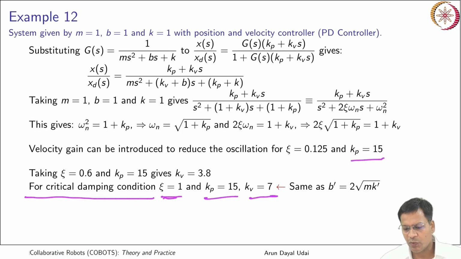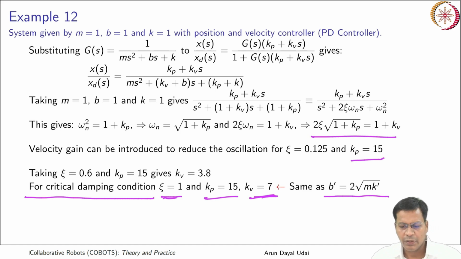This time I got kv is equal to 7. Using this equation I could get it, or directly from here, both are equivalent. So for xi is equal to 1, that is the critically damped condition, that is what I desire. Kp is 15 and kv I got from here. So this is the critically damped condition.